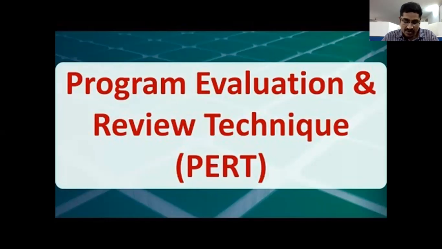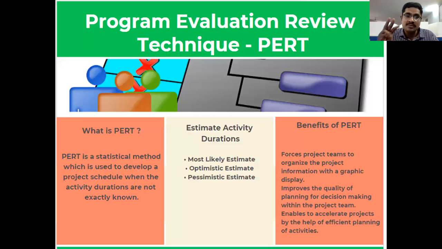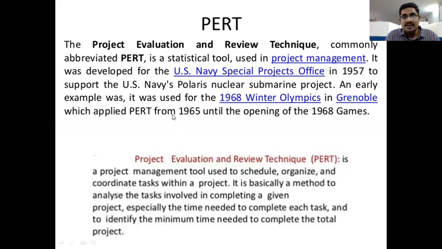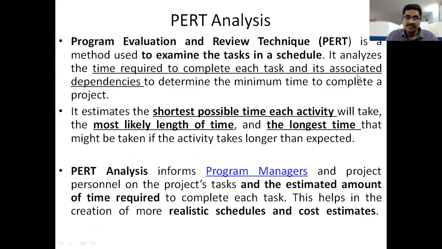That's why we use 3 types of timings: optimistic time, most likely time, and pessimistic time. Optimistic means the shortest time, pessimistic means the longest time, used for estimation of a single average time for each and every activity. And the PERT technique was developed by the US Navy in 1957.